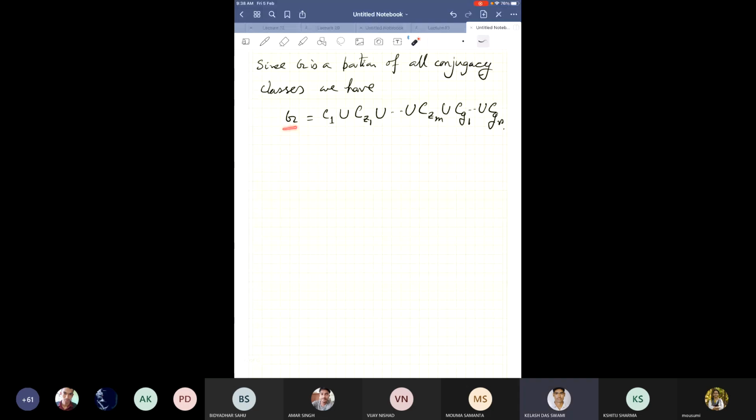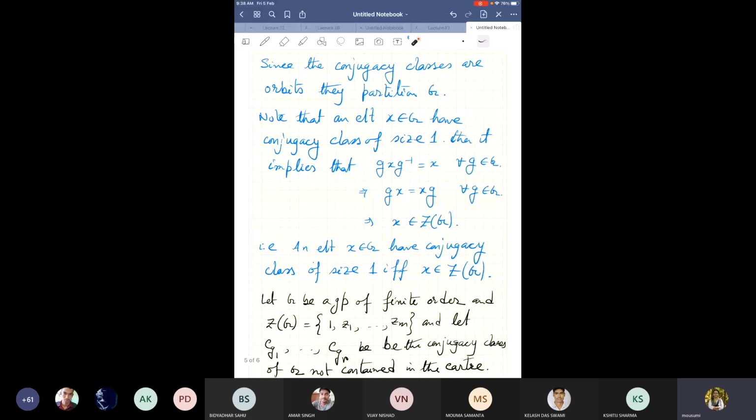Here, first Z1 to Zm, after that g1, g2, up to gr. So here what I have said is that the center has this many elements.